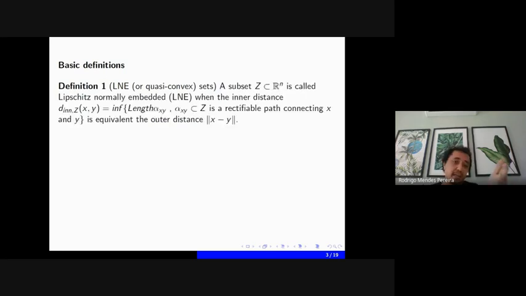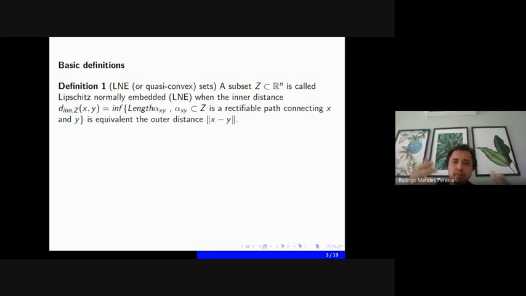A subset is called Lipschitz normally embedded if the inner distance, the geodesic distance given by two points, which is the infimum of the lengths of rectifiable paths connecting x and y, when it makes sense to speak about this distance, for example for semi-algebraic or subanalytic sets, where the distance is well defined, is equivalent to the distance induced by the outer Euclidean distance. Then you say the set is LNE.